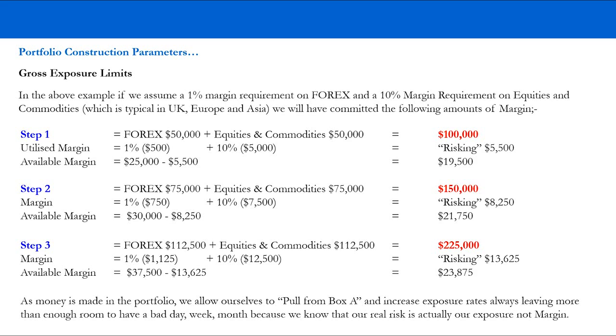We're pulling from box A. However, we're actually decreasing risk as well, because in the example, we're increasing the amount of positions and diversification. So as money's made in the portfolio, we're allowing ourselves to pull from box A and increase exposure rates. But at the same time, we're always leaving more than enough room to have a bad day, a bad week, a bad month, because we know that our real risk is actually our exposure and not our margin.